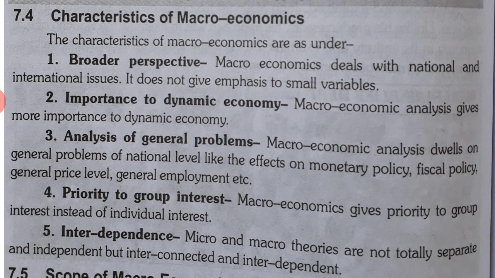Because in micro, we study small variables and individuals, but in macroeconomics, we deal with aggregates. Therefore, its scope and perspective is broader than microeconomics, as it deals with national and international issues.